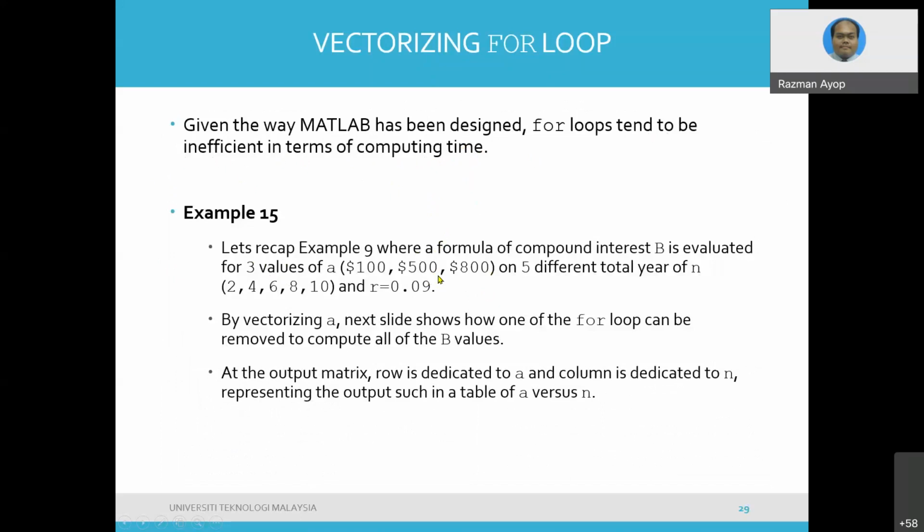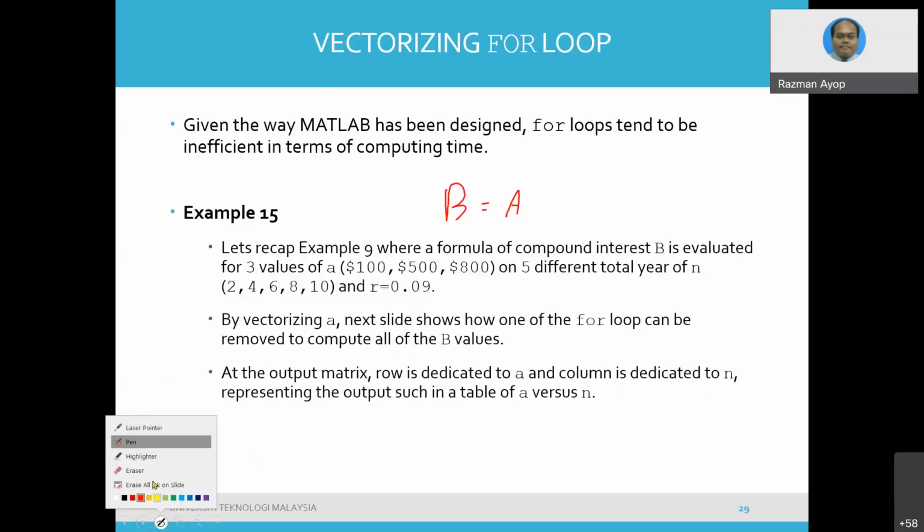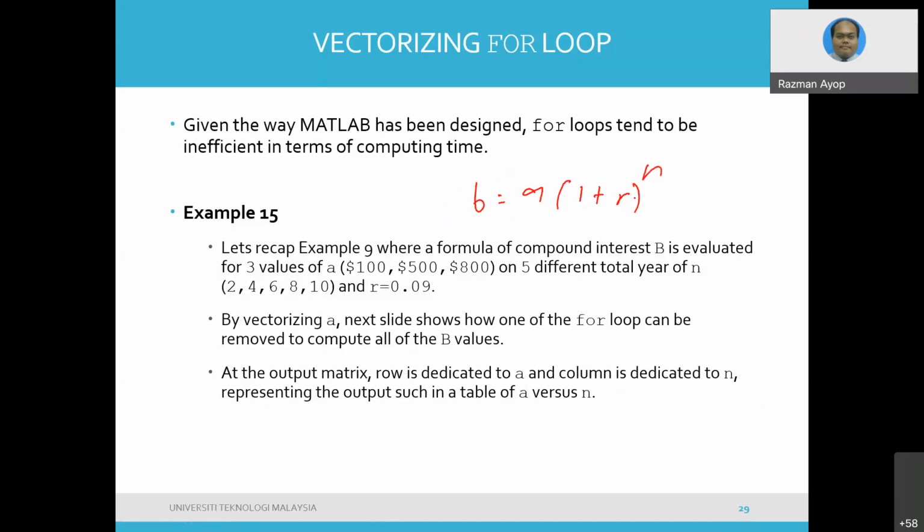So if you try to recap the example 9 formula, the compound, I just write it back. So B is equal to A, for this case it uses small capital, B is equal to A(1 plus r)^n.